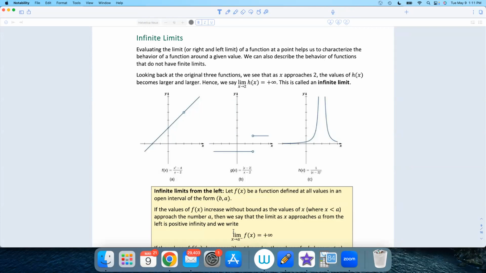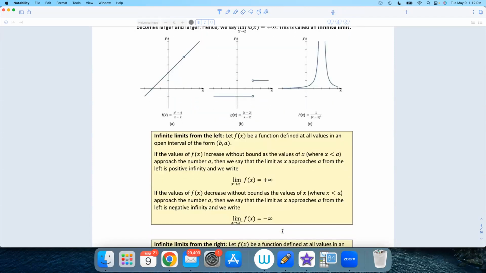We know that the function's not approaching some value, but we still want to give you some information about what's going on. And that information might be that the function's getting bigger and bigger as our x is approaching some value, or getting smaller and smaller toward negative infinity. So just keep that in mind. These infinite limits are not true limits. They just describe an asymptotic behavior.